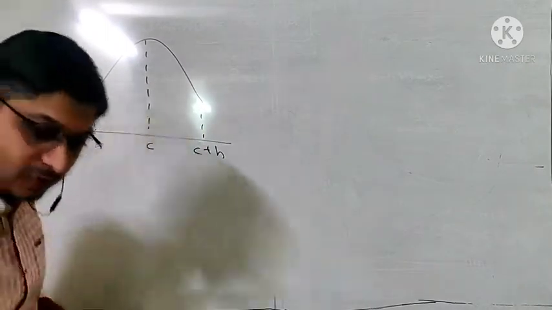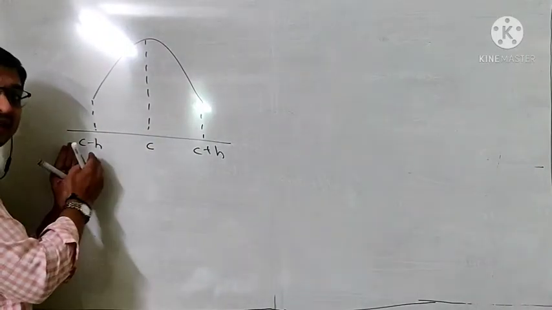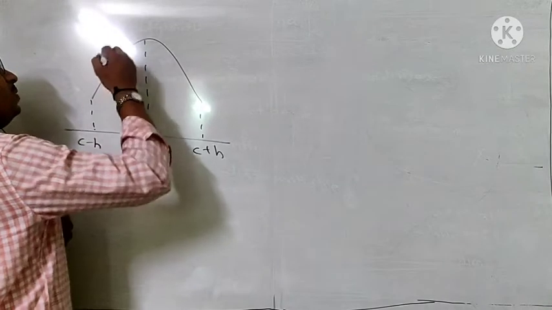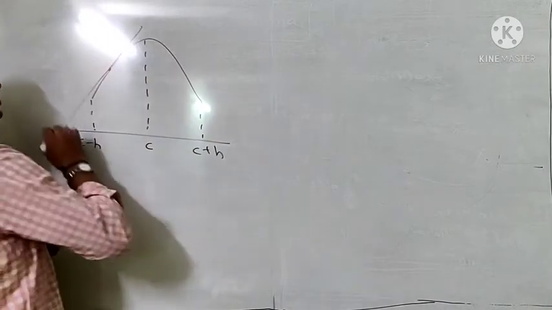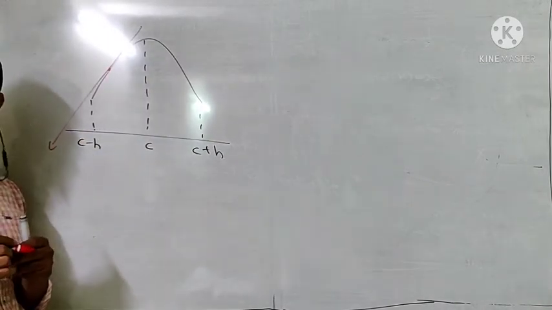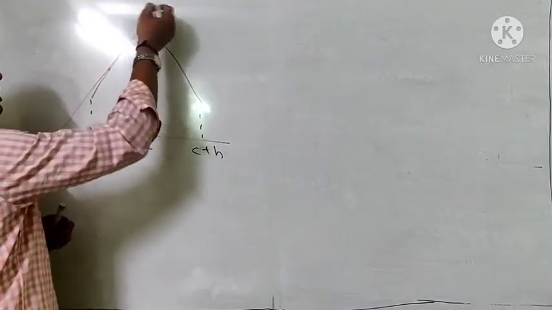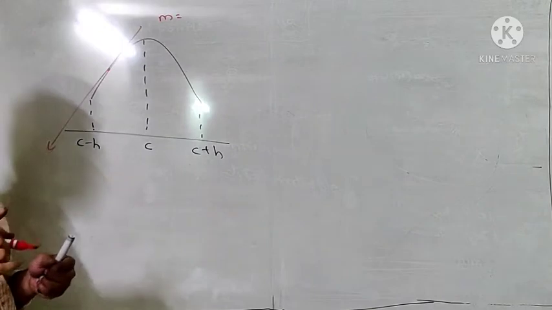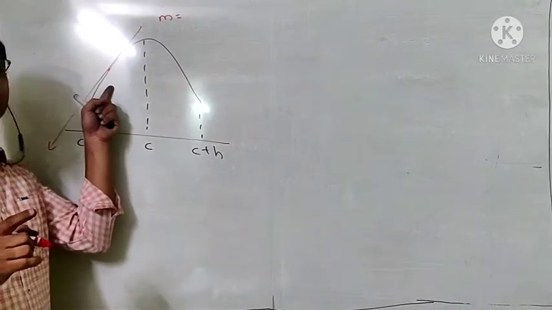Okay, suppose from C minus h to C, we have taken any point and we have drawn a tangent at that point. Okay, what is a tangent? A tangent is a line which has only one common point with a given curve.